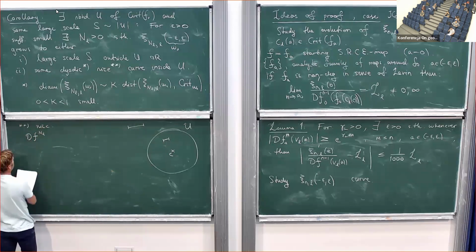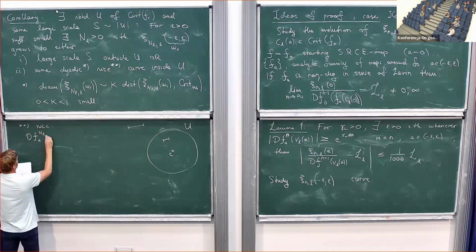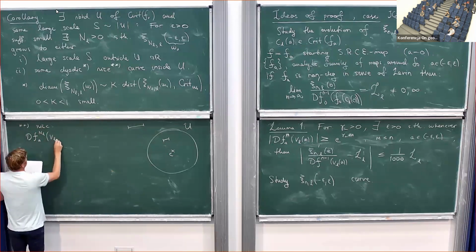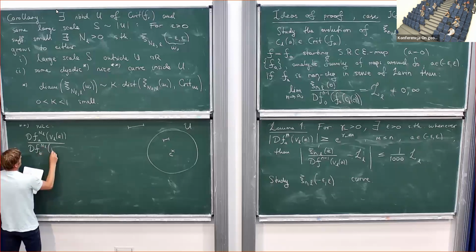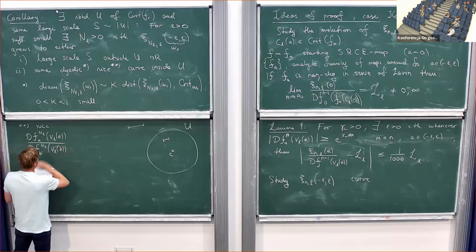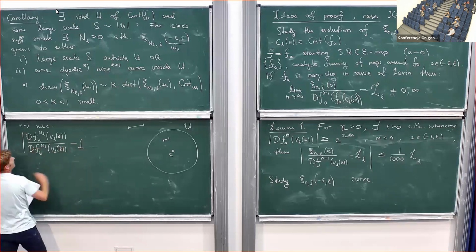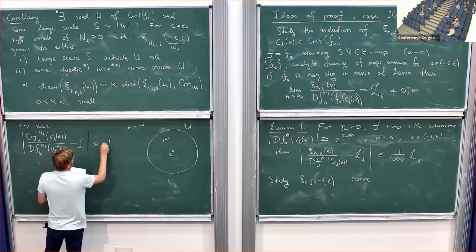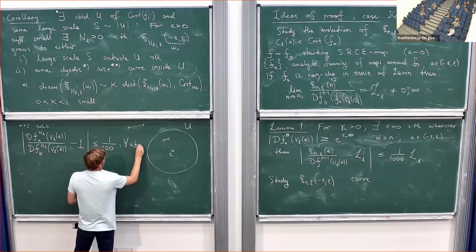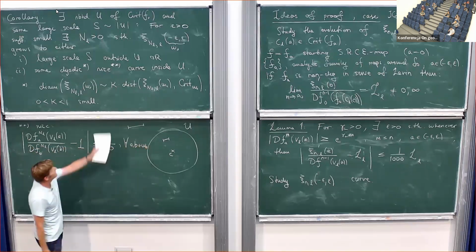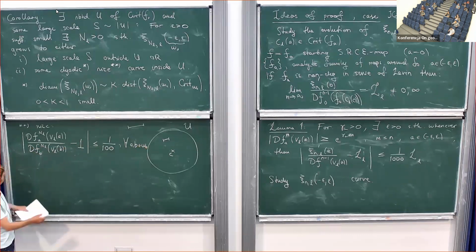The derivative of F_A to the n_l at A over the same at B is very close to 1, for all A and B in this starting interval, omega, that's minus epsilon epsilon. So you have this very strong distortion control inside this interval.